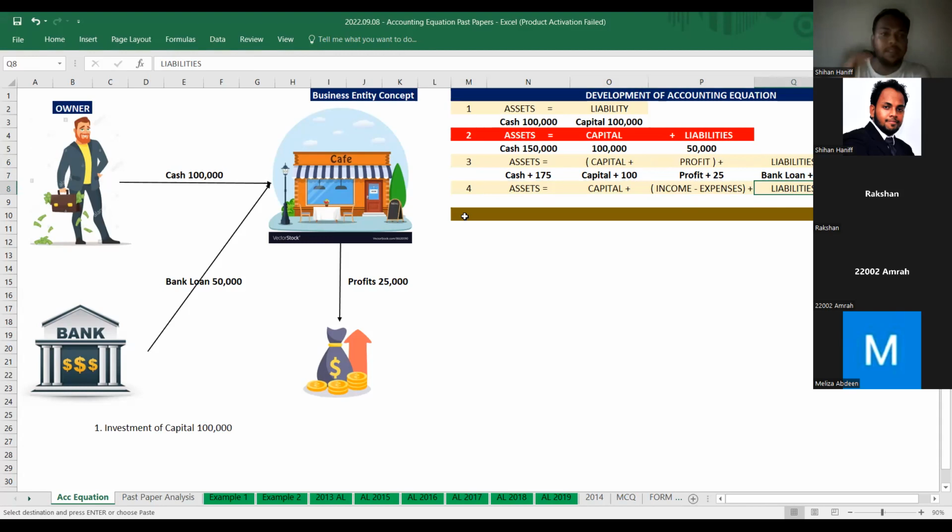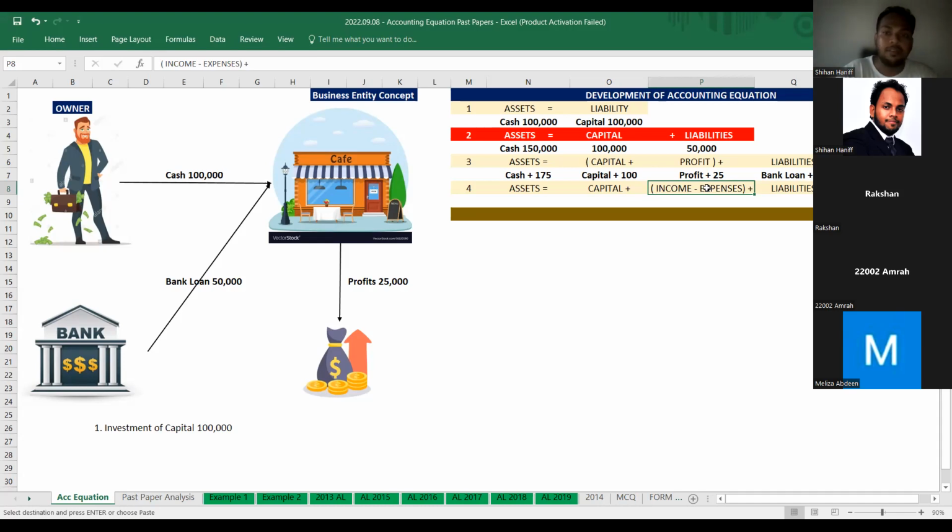Then from the same equation, we can write it in different ways. Okay, now let's say there is a minus figure, minus expenses. If you want to make a minus figure into a plus figure in an equation, you have to change the sign.